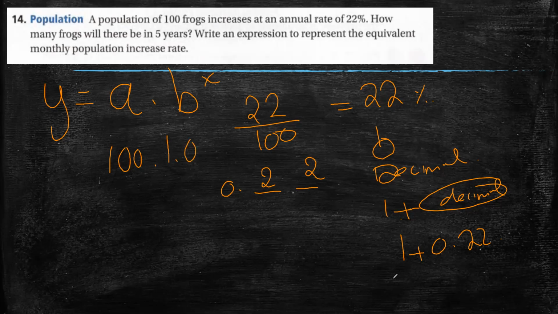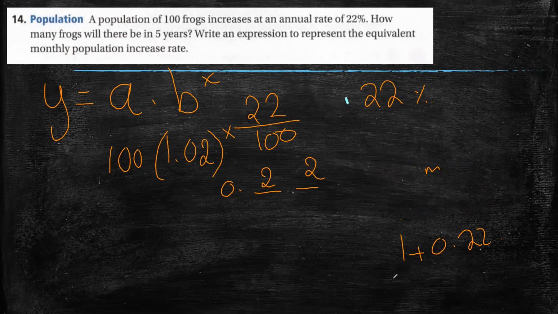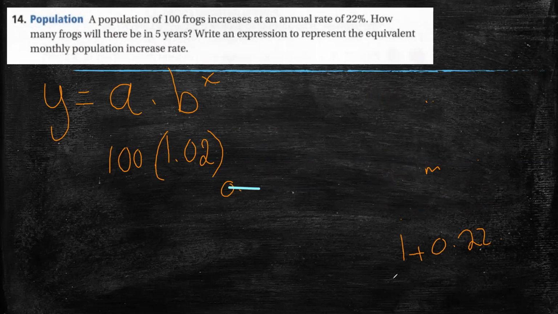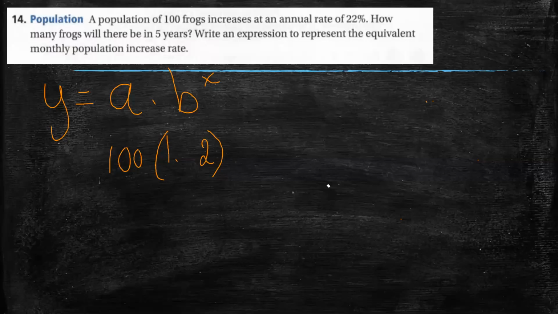So y equals 100 multiplied by 1.02. Teacher, 1.22, not 1.02. Ah, yes, I will change it now. So it was 1.22.